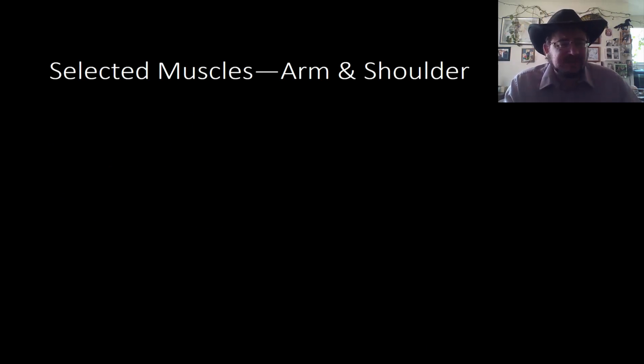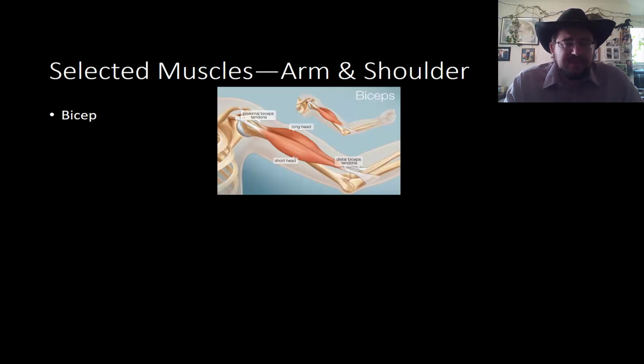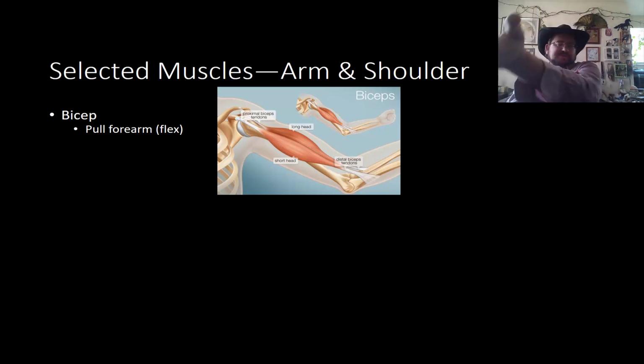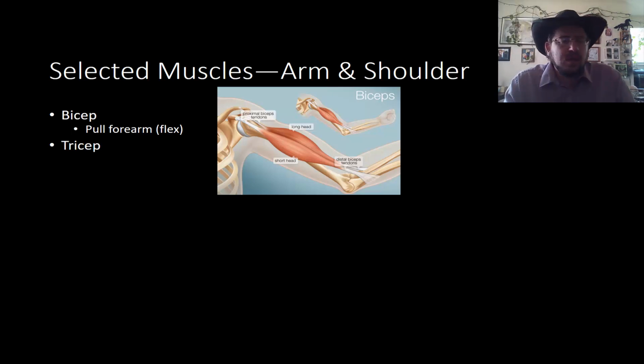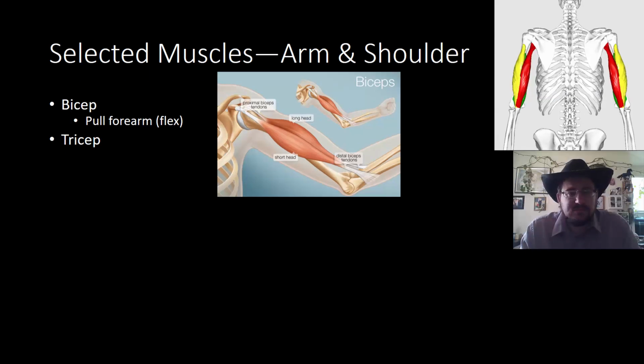So let's do some selected muscles. Here is the bicep, right? It's so named because it has 2 origin points. It originates in 2 separate spots. Two heads. So, bicep. It pulls the forearm, flexes the elbow joint. The tricep has 3 heads.